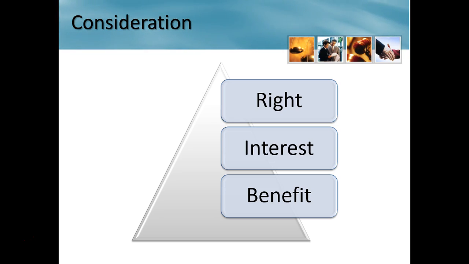Consideration is the price paid for the promise of the other party. The price must be something of value, although it need not be money. Consideration may be some right, interest, or benefit going to one party, or some forbearance, detriment, loss, or responsibility given, suffered, or undertaken by the other party.